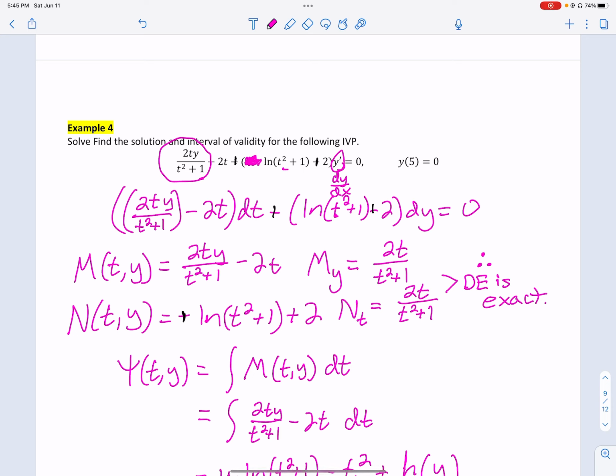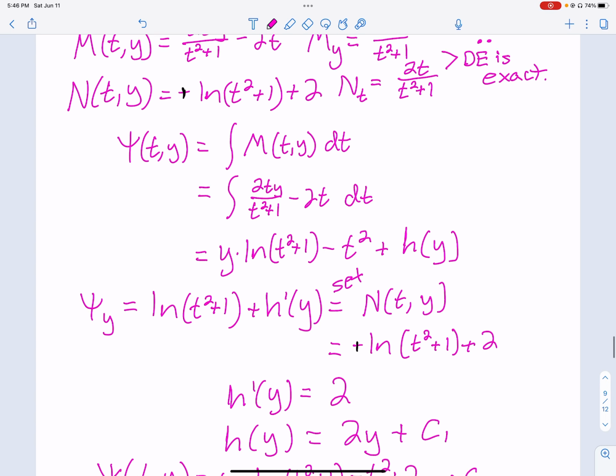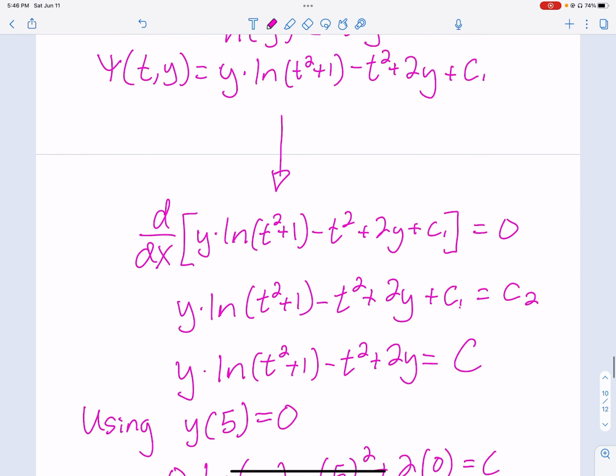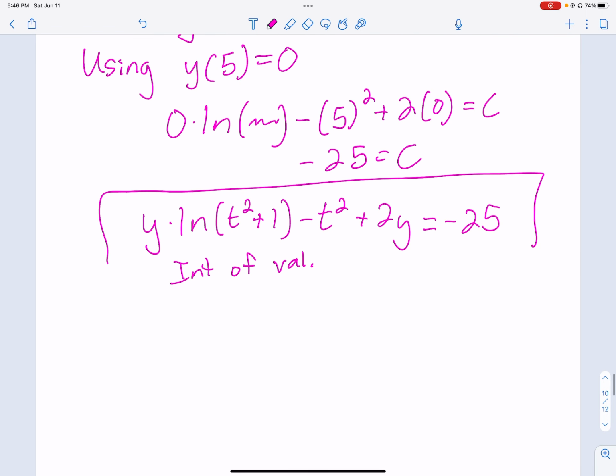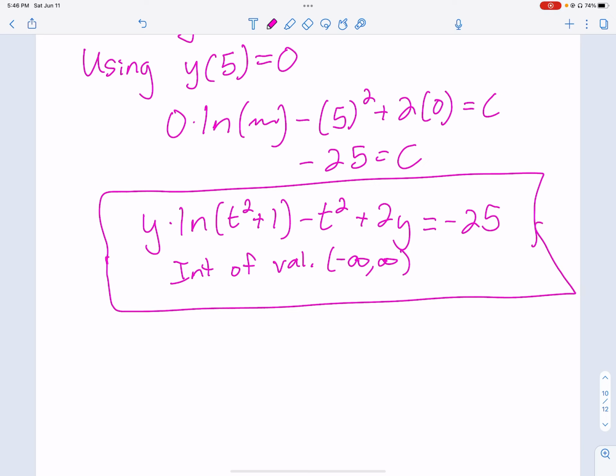The ln is the same game. It can't be 0. Same game. I can't make that 0. So we actually don't have any problems throughout this whole thing because of that. t squared plus 1 will never be 0. So the answer is all real numbers for our interval of validity.